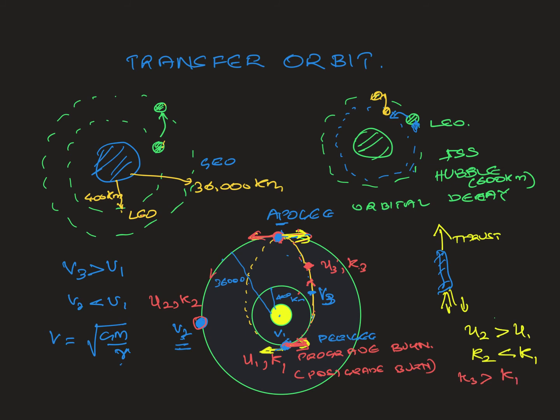Because we have given a prograde or posigrade burn that has supplied more energy to the satellite, and because of that, at this point in the elliptical path, the kinetic energy is greater than the kinetic energy the satellite had when it was in the low orbit. So let's quickly summarize the whole things that we discussed so far.